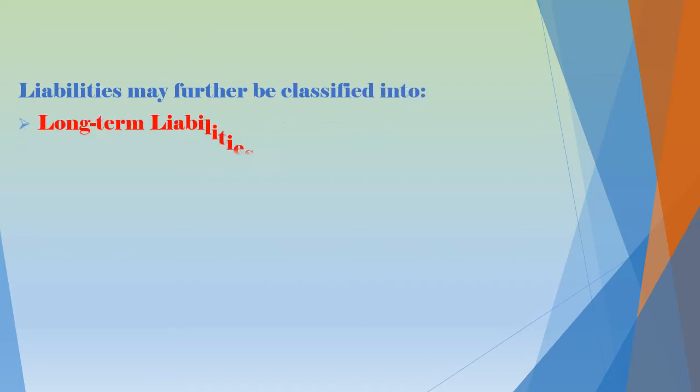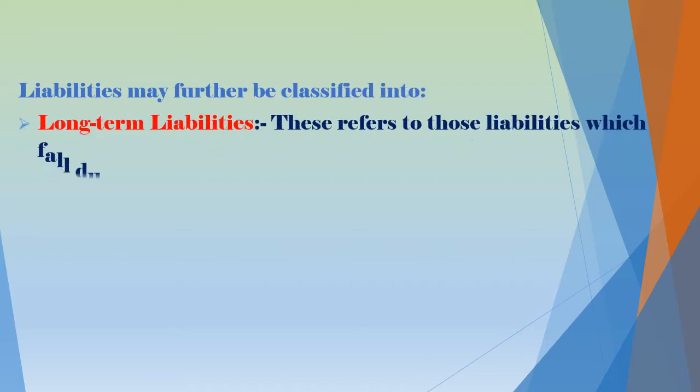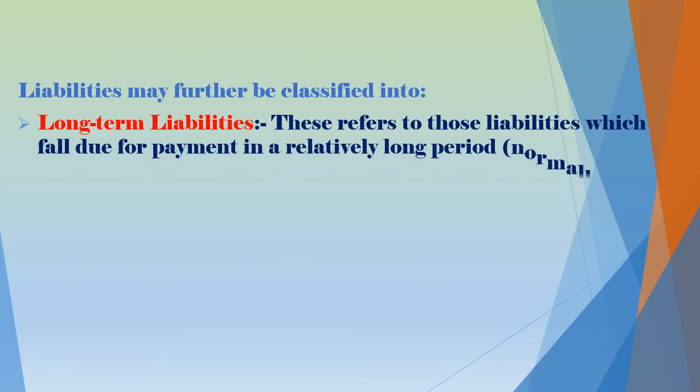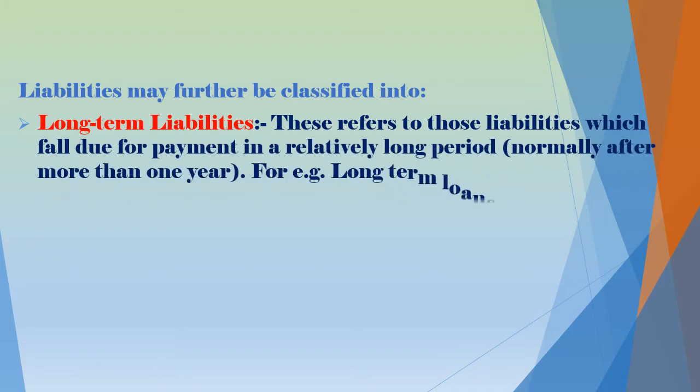Liabilities may further be classified into long-term liabilities. These refer to those liabilities which fall due for payment in a relatively long period, normally after more than 1 year. Examples: long-term loans, debentures, etc. So now we have understood that liability is what the firm has to give to outsiders or others.